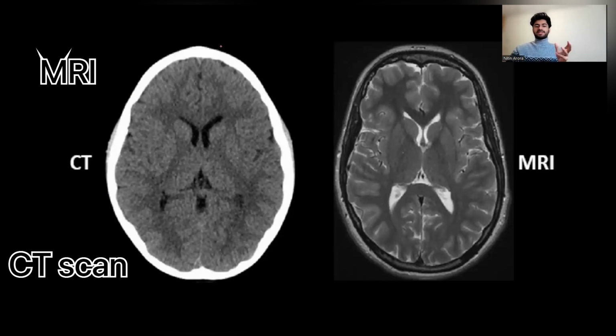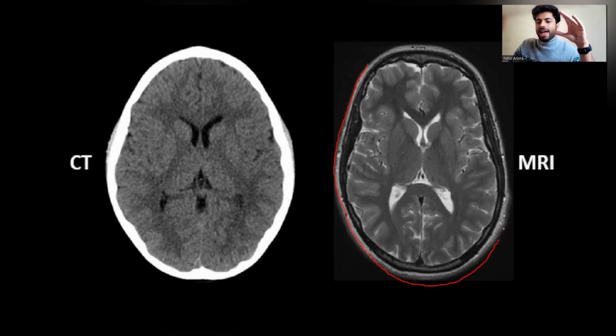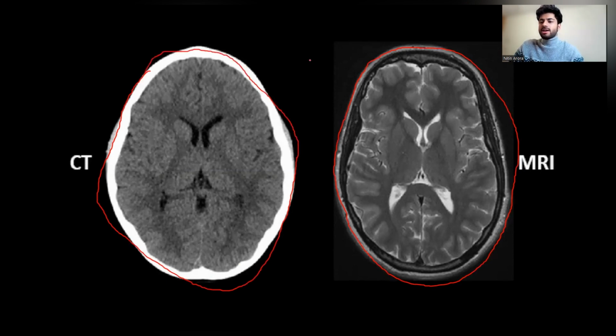For example, in this head axial scan, the bone, the skull appears white on the periphery, right? On the other hand, in this MRI, it is not as white as the CT scan. So this is how you differentiate between CT scan and MRI: CT scans have dense bones appearing white on the scans, whereas in MRI, it is not the case.